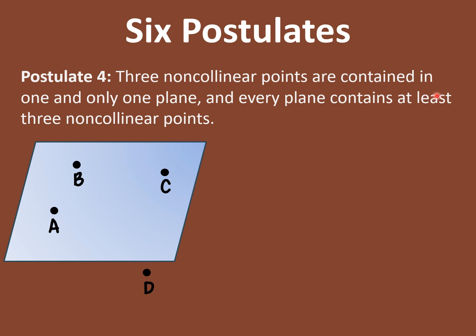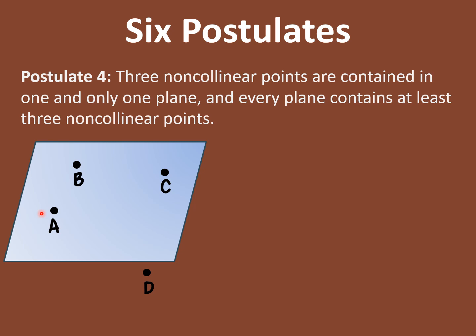And the last part of the postulate says every plane contains at least 3 non-collinear points. What this tells us is that this is guaranteeing that a plane is going to consist of more than one line. Right, so for example, A and B could be considered collinear. You could draw a straight line through those points. A and C could be considered collinear. You could draw a line through those points.